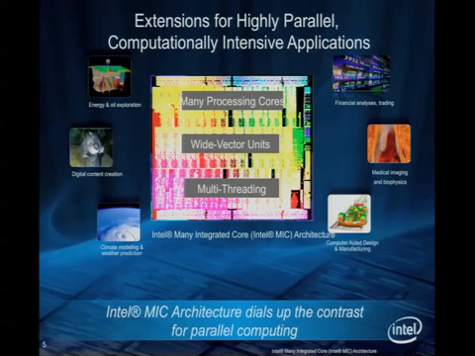Of course, the contrast is against Xeon, which obviously has multiple cores and capabilities, but we're talking heavy scaling, heavy threading, basically parallel on steroids. These are some of the markets that we're attacking, or that are appropriate for it. We already mentioned energy, even digital content creation. We have some work going on with DreamWorks there.